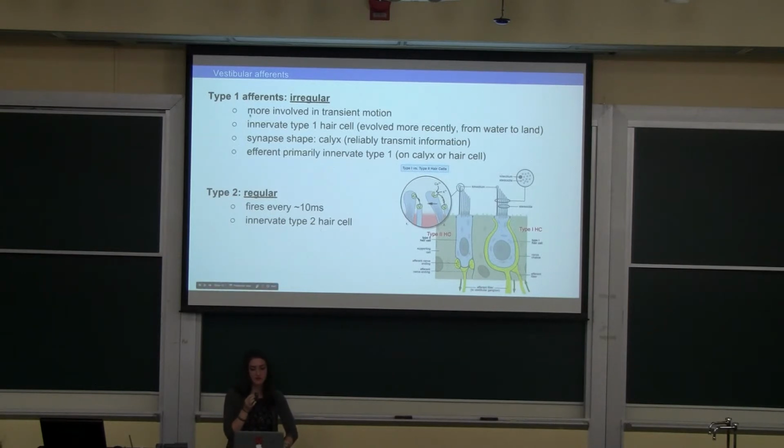Type 1 are irregular, and they're involved in transient motion, and they innervate type 1 hair cells. And type 2 are regular, so they're not involved in transient motion. They fire pretty much every 10 milliseconds, and they innervate type 2 hair cells.